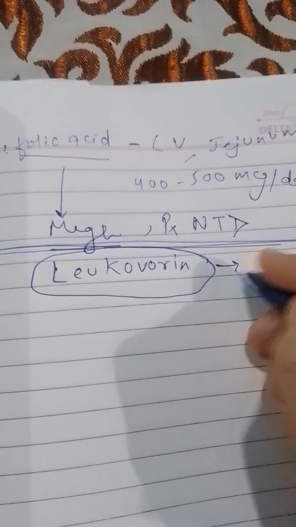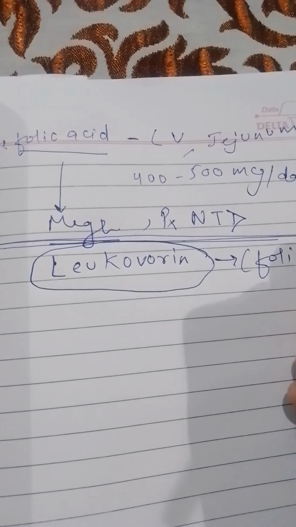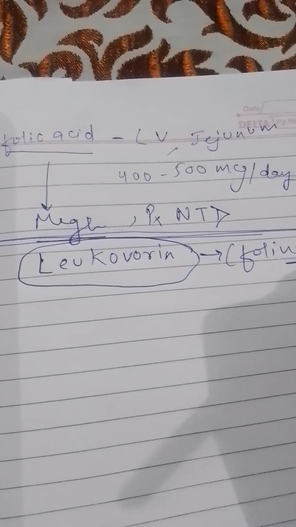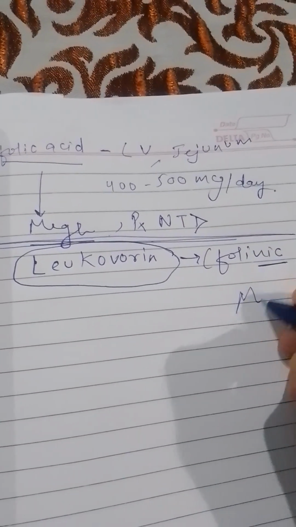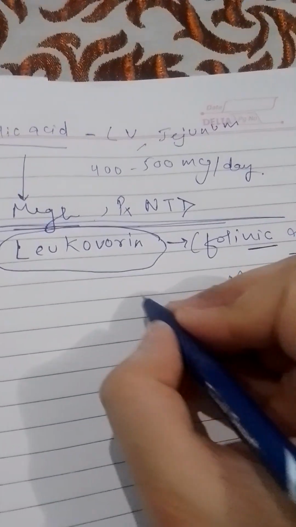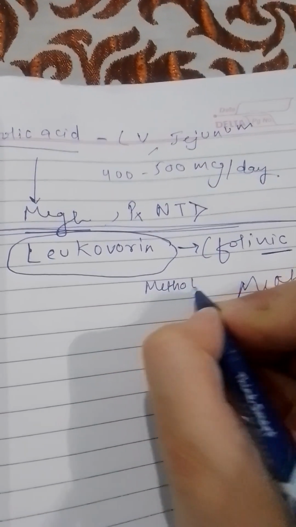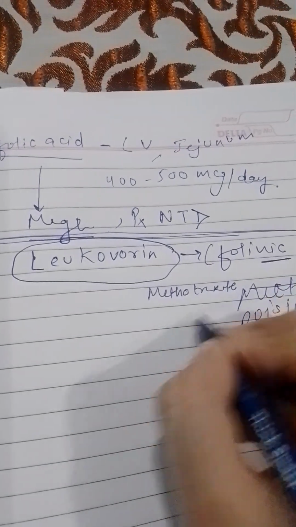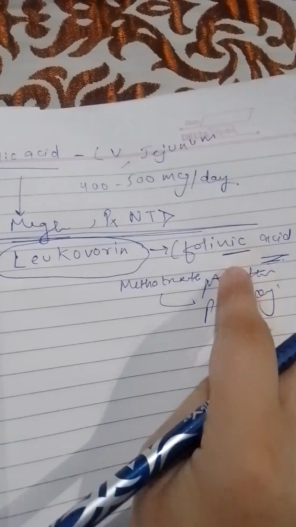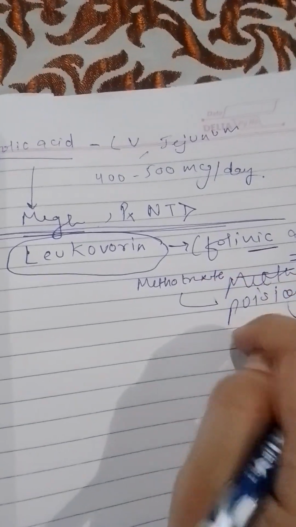Leucovorin is actually folinic acid, and it is used in case of methotrexate poisoning. Let me write it properly: methotrexate poisoning. Leucovorin is a folinic acid which is used in case of methotrexate poisoning.